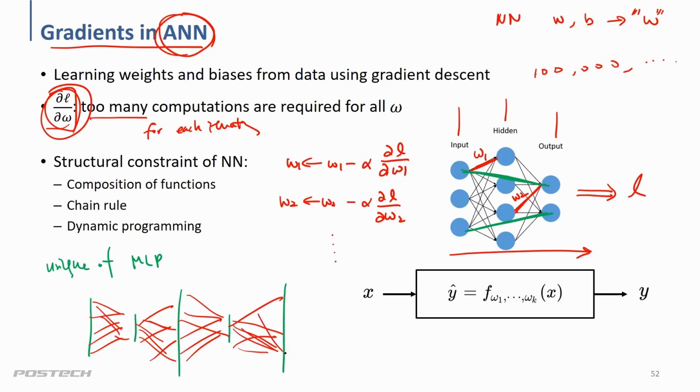So we are hoping that if we make use of this unique structure of the artificial neural net, there might be a smarter way of computing all the gradients, a way to reduce the number of computations that we need to conduct. That's probably the proper way to say it.